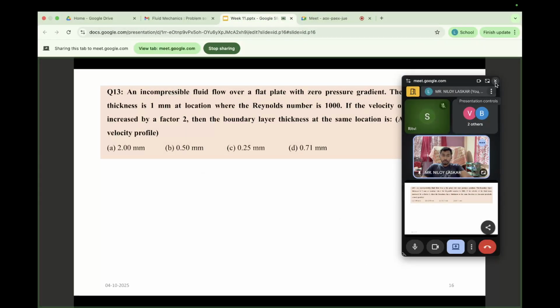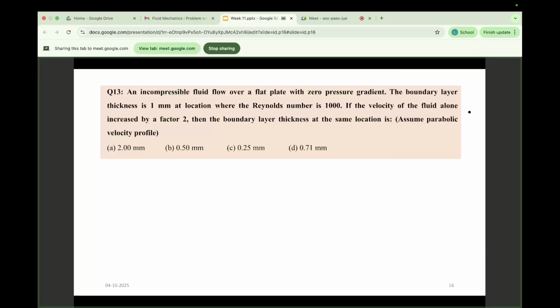So I'm giving you a hint. It's the same concept as the previous one. What we know is that delta is 5x by root Rex, right? In this question, the velocity is given. So I know the Reynolds number is Ux by nu.